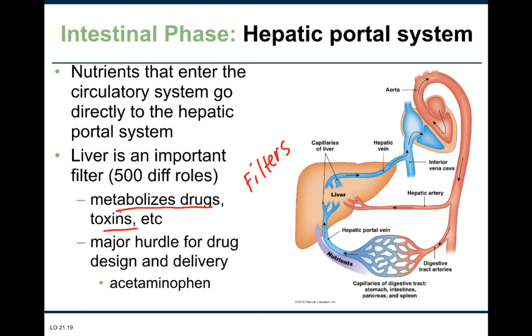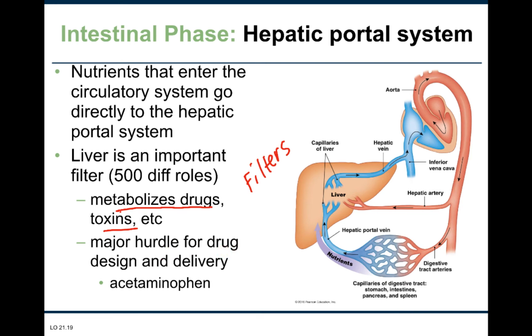Okay, this is really good for our body, but there's also a downside to this. Because the liver is so good at metabolizing, it leaves the nutrients alone, but it will metabolize drugs, toxins, etc. And because of that, the liver is actually a big hurdle when it comes to designing drugs.